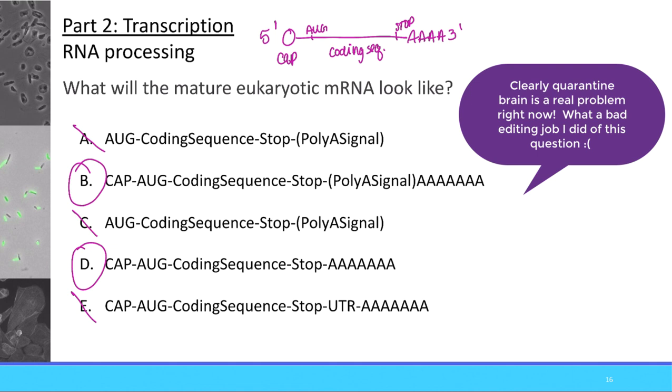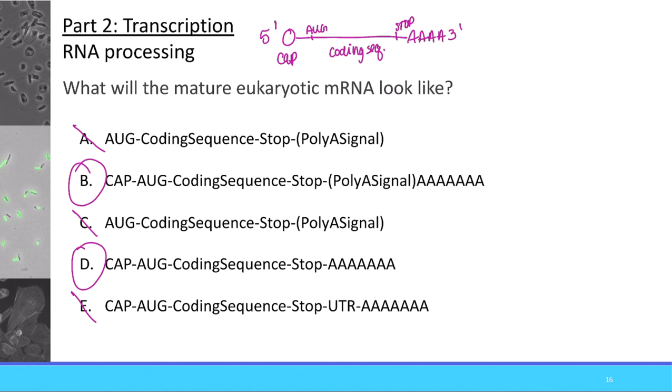Clearly, Dr. Hubbs did not proof this problem enough before she put together the lecture, but for both B and D, again, they're saying the same thing. In one case, we just have the poly A tail. In another, we have the poly A tail, and I told you that it was a poly A signal. So we can just pretend that I did that on purpose. I was just testing you, right? Anyway, I digress. Let me know in the comments below if you have any questions on anything in transcription.